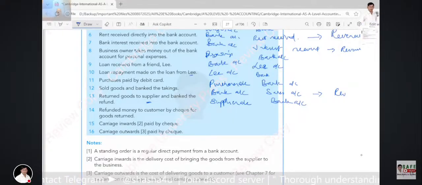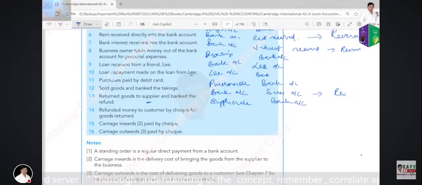Return goods to supplier means what is happening? You have purchased the goods and you are giving them away to supplier.